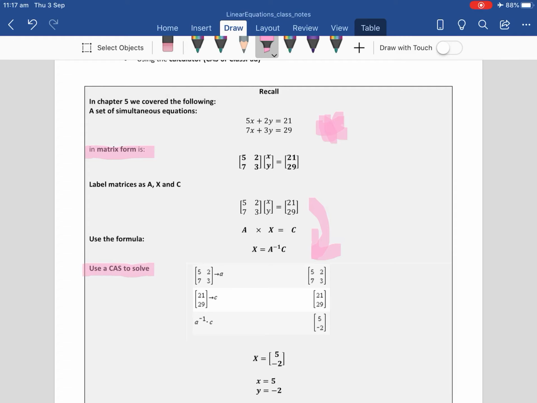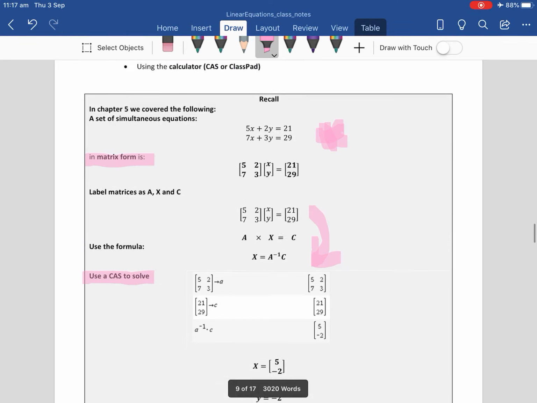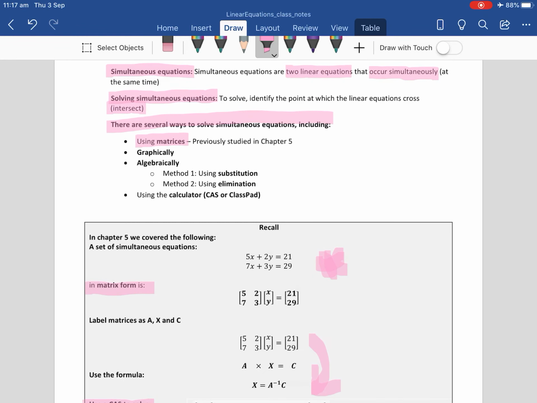Okay, so that's a bit of a recall, but we're going to look at the other methods of solving simultaneous equations, algebraically and graphically. So graphically is what we're looking at today for 3i, but there's also the algebraic way as well. And obviously there's always a way to use our calculator.